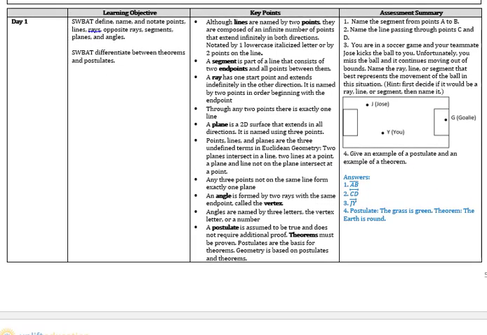Day 1 is huge. This is going to be a huge day for everyone, learning what a segment is, a line is, what points are, an angle, a vertex, a plane. This is so important. You cannot move on from this day without scholars mastering geometric notation and understanding the difference between all of these terms.